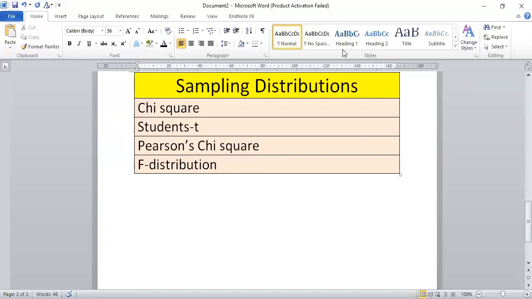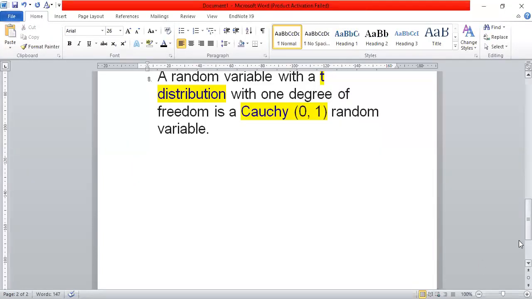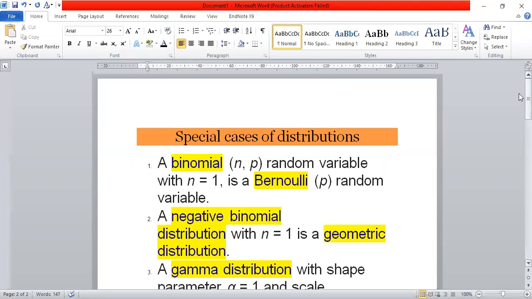Start with the probability density function, then come to the properties. You have to memorize each and every property of the distributions I have mentioned. Aside from that, you also need to memorize special cases of distributions, and mostly the special cases of the distributions come in the PPSC test.